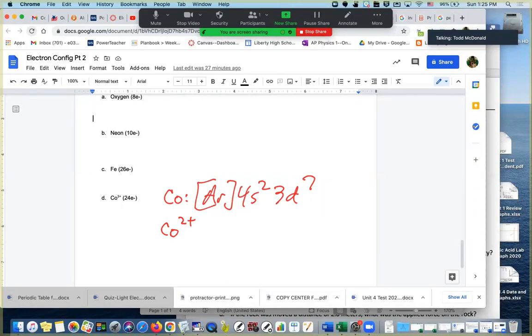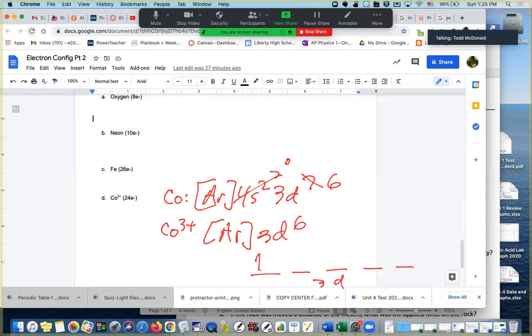Cobalt 3 plus, let me erase that. We have to lose the 4s2 goes away, right? So this goes away and this goes down to 6. So we have 3d6. So we would draw out our 3d sublevel and we would go 1, 2, 3, 4, 5, and there's our 6, 1. So we would definitely say that this is paramagnetic.